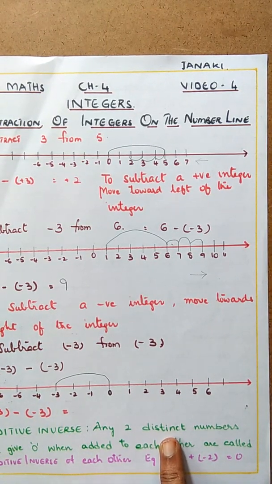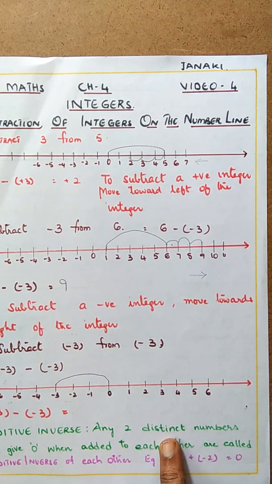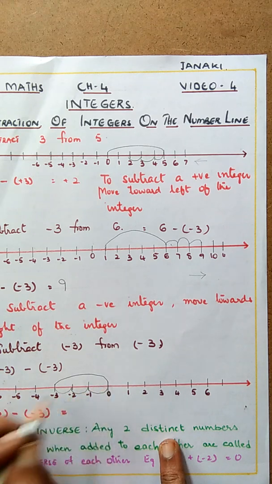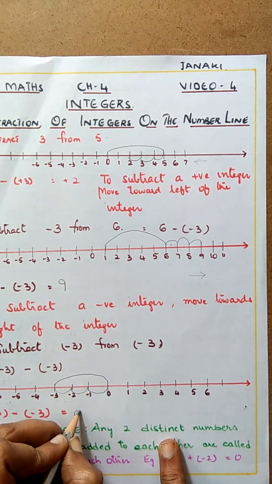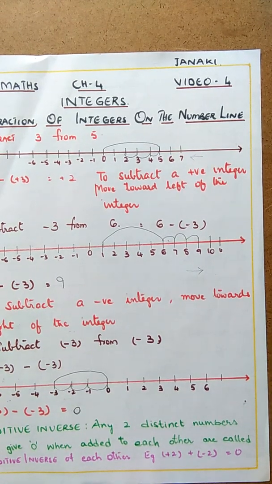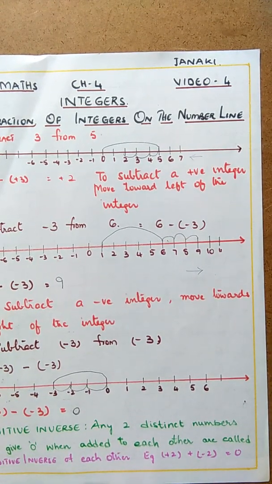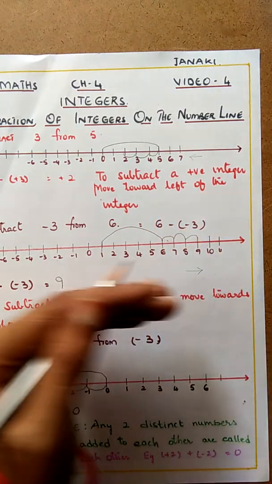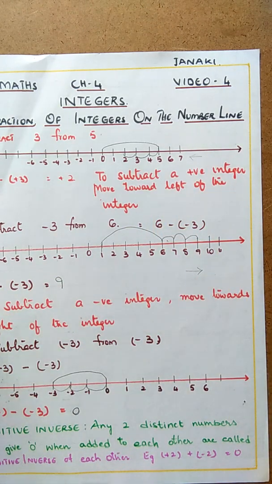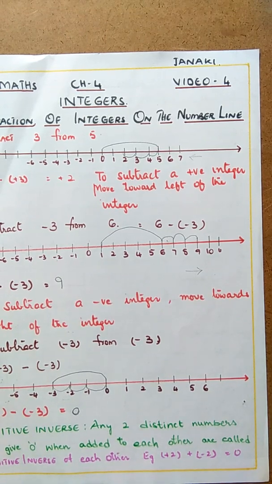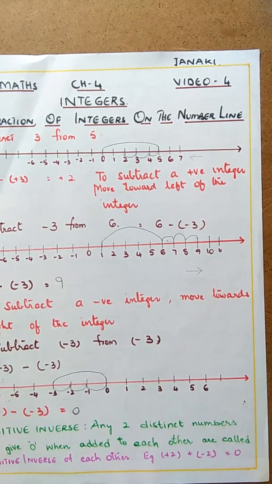So go towards right. So 1, 2, 3. Finally you will come to 0. So when you are subtracting a negative integer, remember that you should always go towards right. When you are subtracting a positive integer, like in the first example, move towards left. So if you bear this in mind, then you will be able to do the subtractions on the number line.